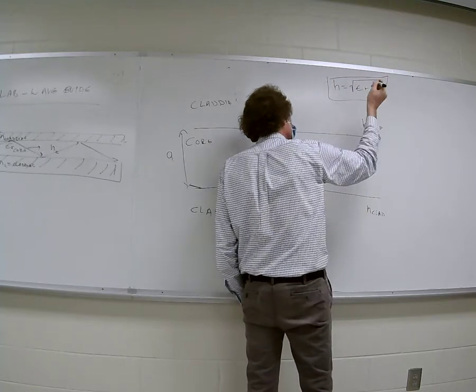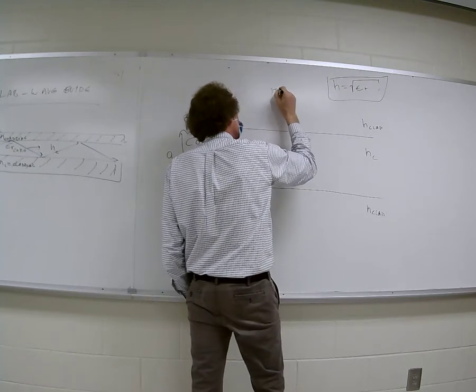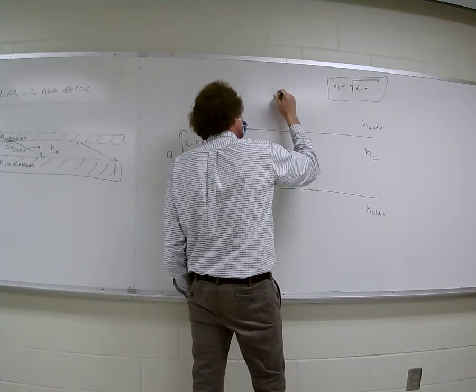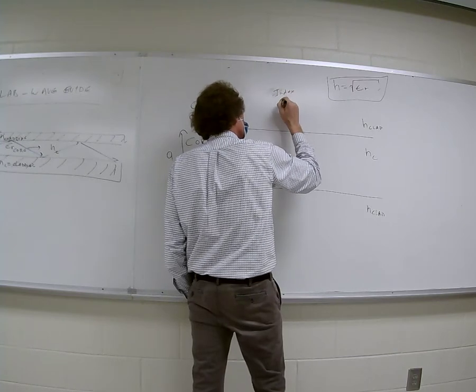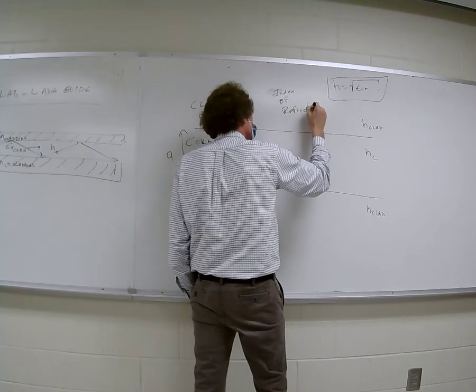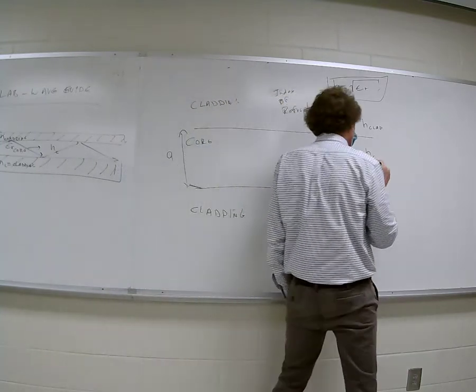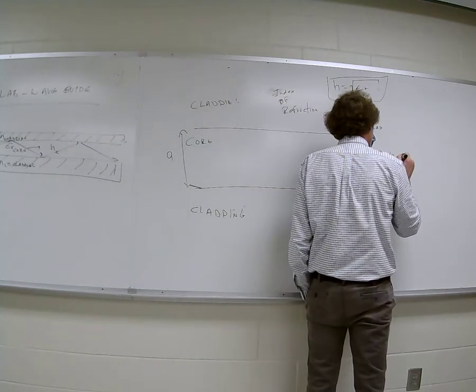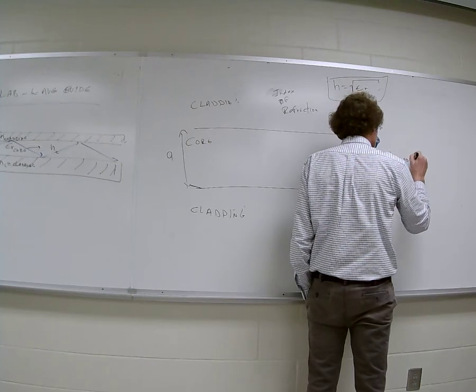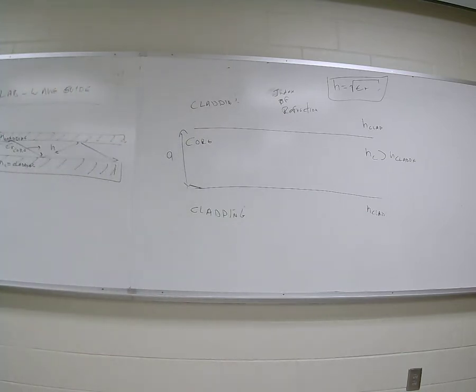Typically, N core will be greater than N cladding. And if I first talk about what happens to the wave itself at the lowest order mode that can propagate, this is it. And it's important you see this.